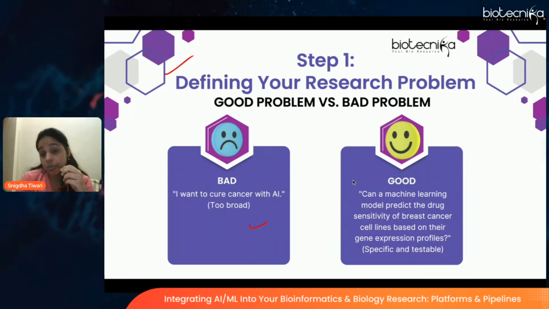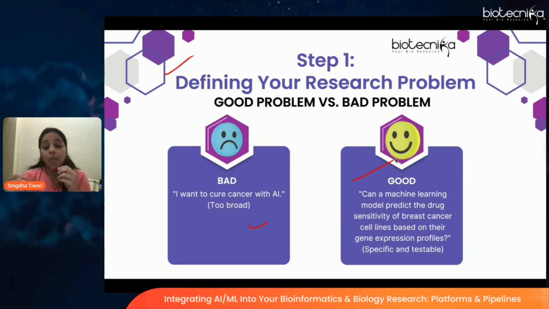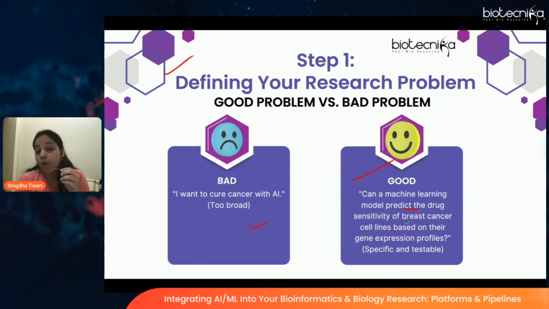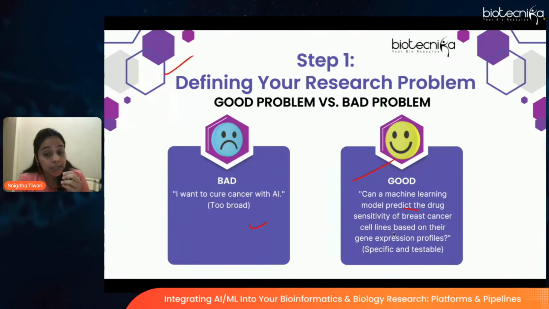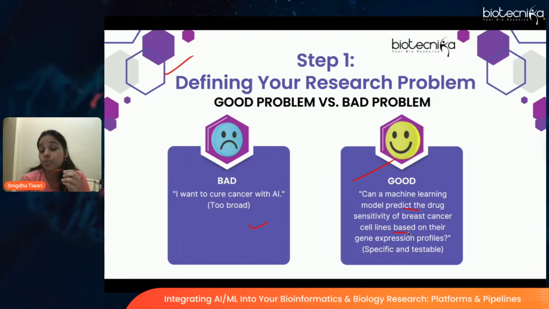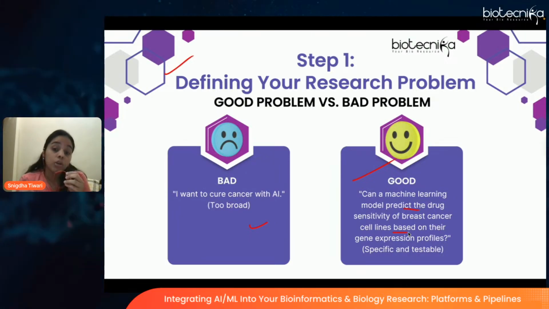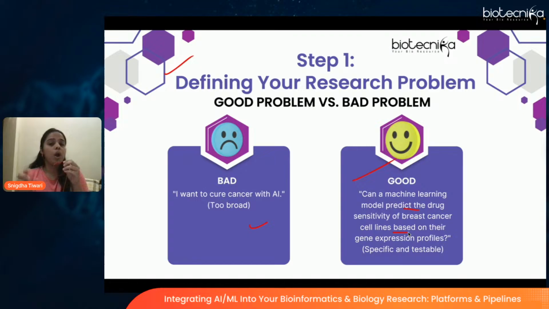The good concept is the one I highly encourage you to go with. A good concept can be: can a machine learning model predict the drug sensitivity of breast cancer cell lines based on their gene expression profiles? Based on this problem, your research cycle follows: what machine learning algorithms do I want to pick up, what databases do I want to pick up?